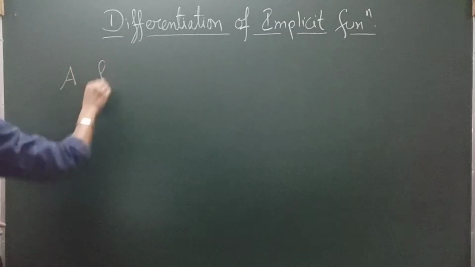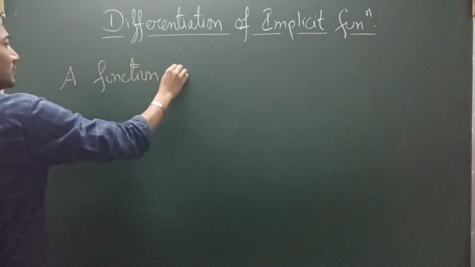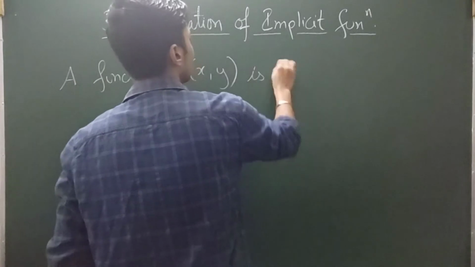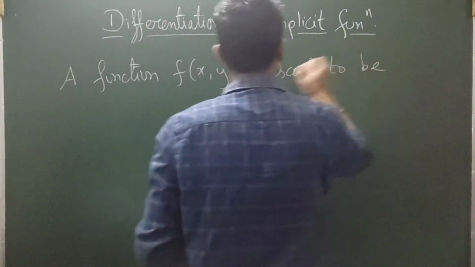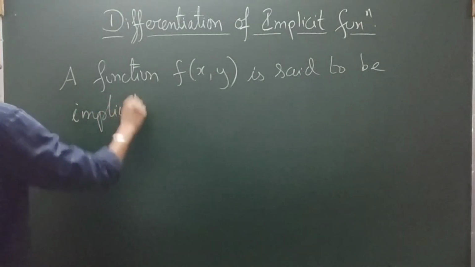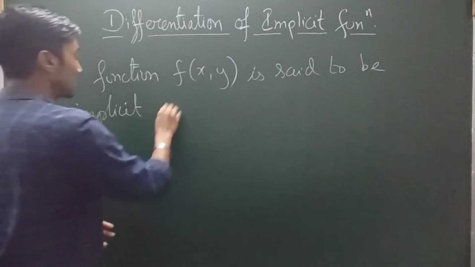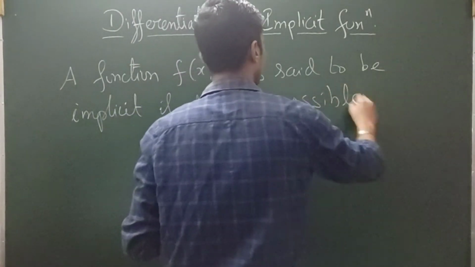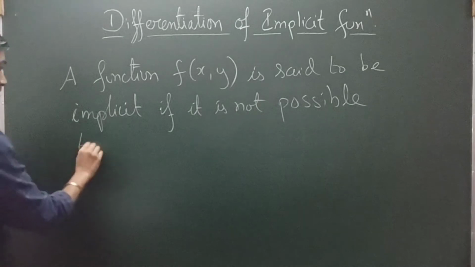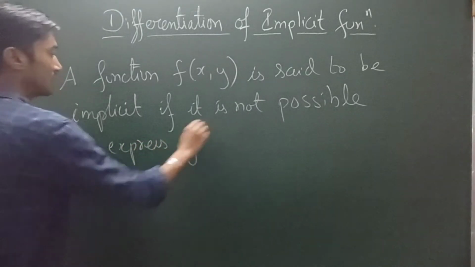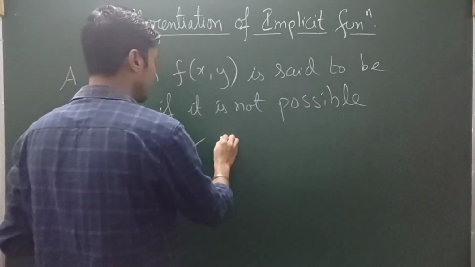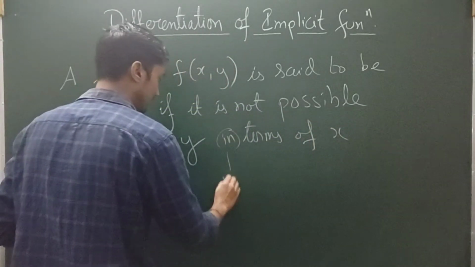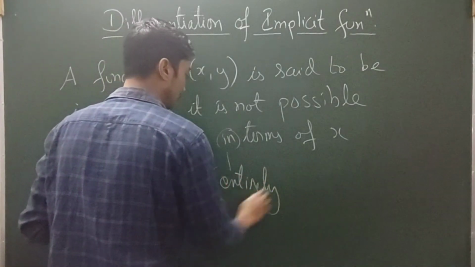Not many, don't worry. But before that, let's write down what we mean by an implicit function. A function of the form f of x, y is said to be implicit if it is not possible to express, let's say y, entirely in terms of x.